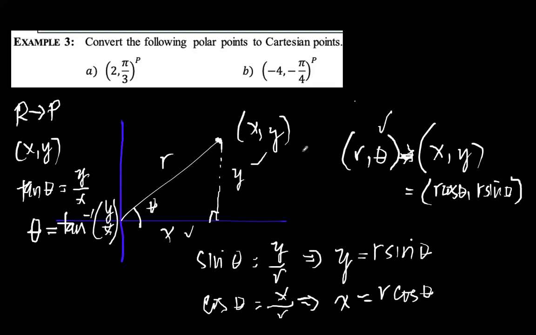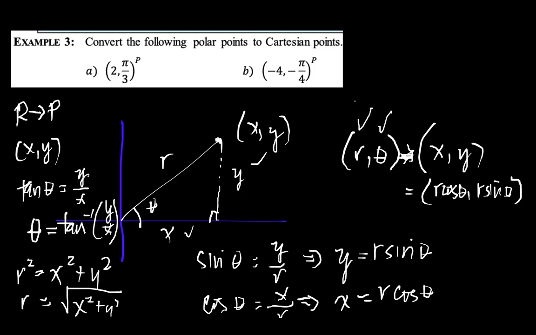And to identify the radius, we know that r squared is equal to x squared plus y squared, with the use of the Pythagorean theorem. We solve for r by taking the square root on both sides. So r is the square root of x squared plus y squared.